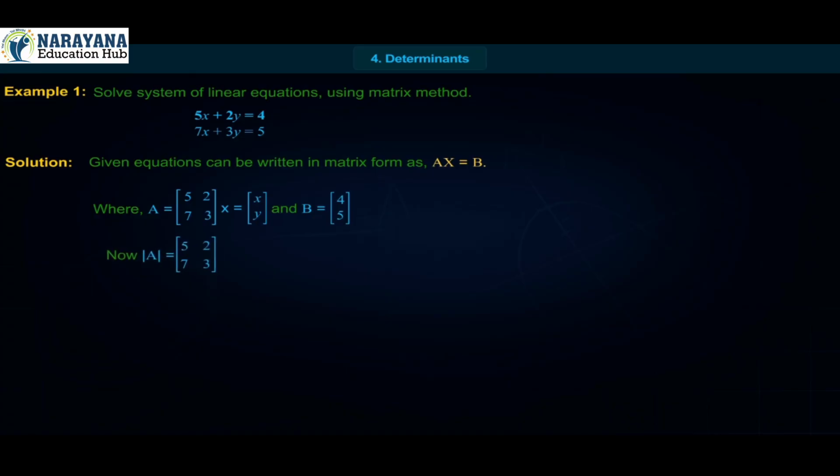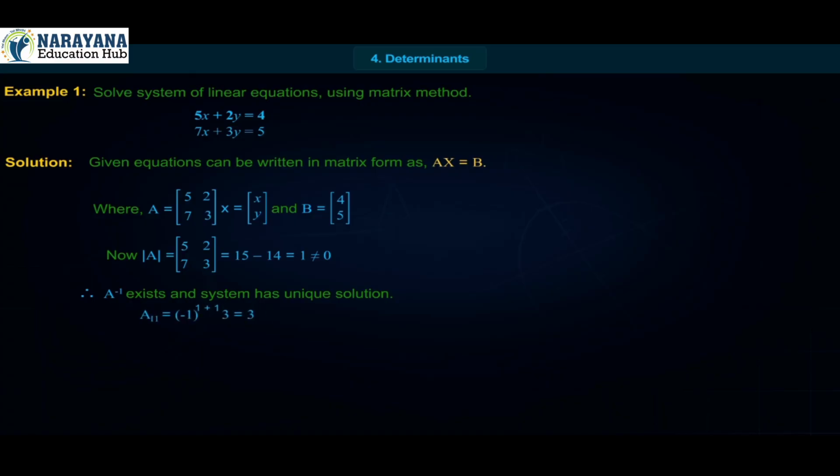Now, determinant of A = 15 - 14 = 1, which is not equal to 0. Therefore, A inverse exists and the system has a unique solution.